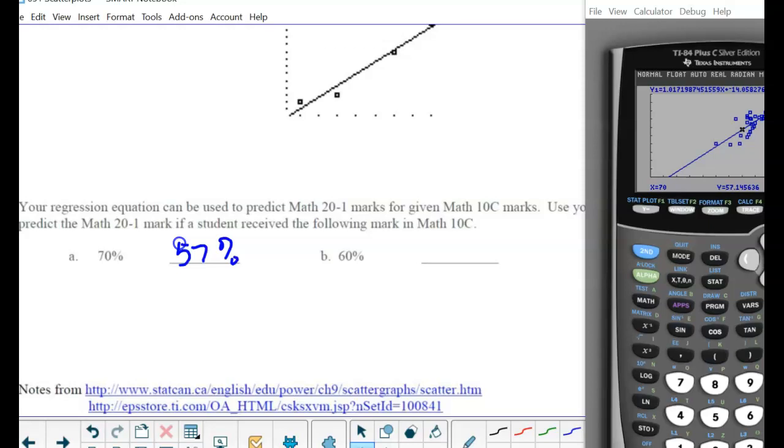Okay, 60, so we're in trace, 60, 47. Basically it looks like it's about 13% lower.